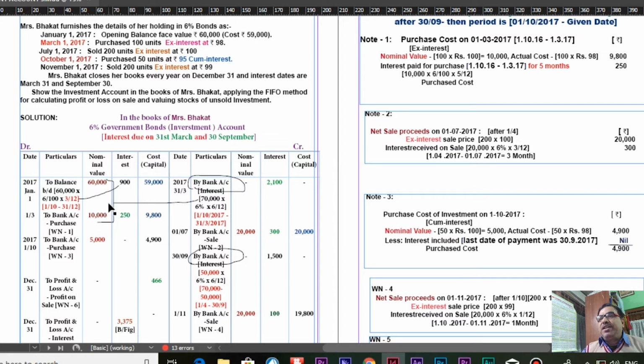In the previous year, that means 2016, naturally, it is running as 2017. Therefore, the previous period is 1-10-2016 to 31-12-2016. Now, why did you consider this period?